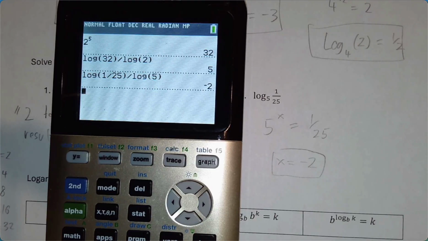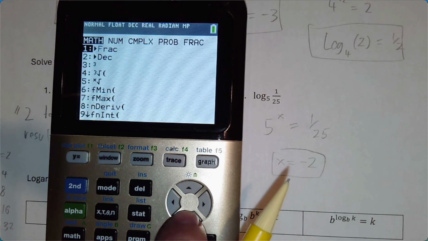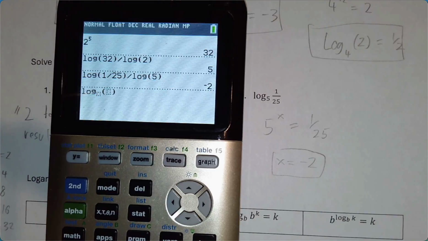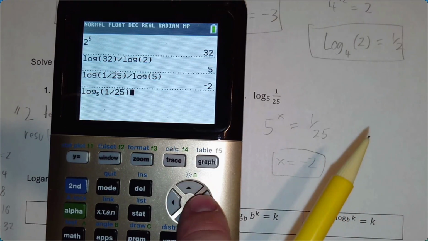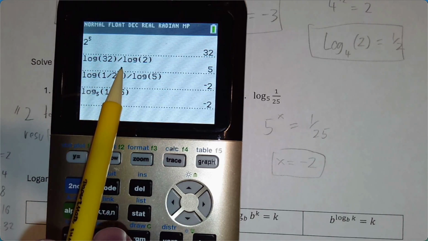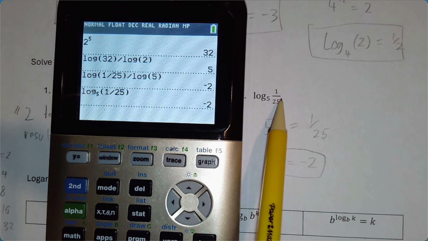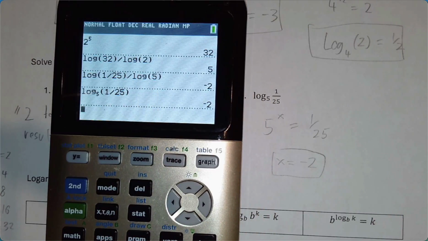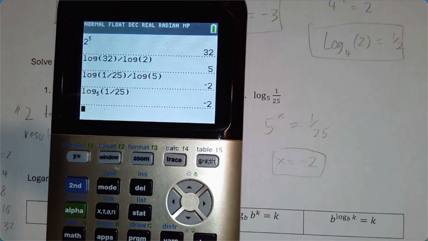So same thing there. Also, this calculator's fancy. It does have what we call a log base. So now it actually shows up where I can put the 5 here and the 1 over 25 like normal. But you just need to know that it's log of the thing to the right divided by the log of the base, and you're good to go. It says don't use your calculator.